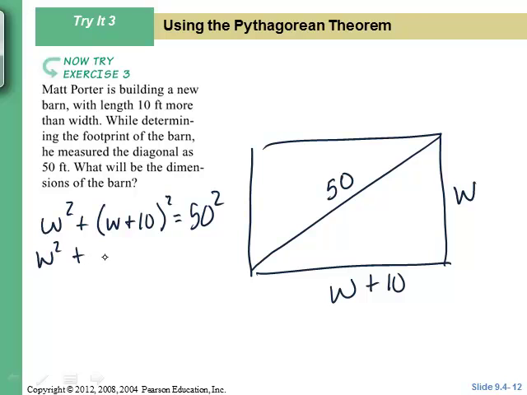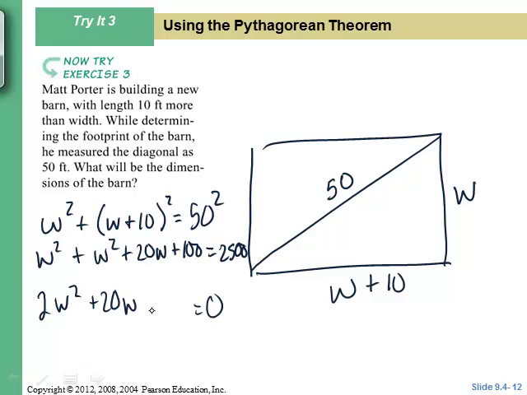W squared plus 20W plus 100 equals 2500. Subtract 2500 from both sides. You get 2W squared plus 20W minus 2400 equals 0.